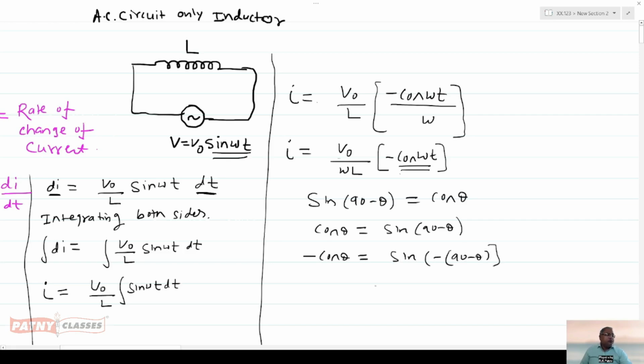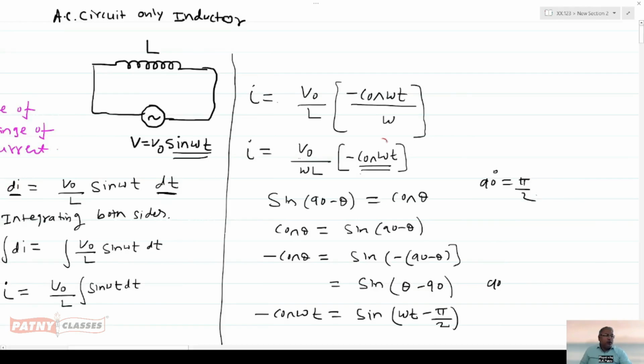So minus cos omega t can be written as sine of omega t minus pi by 2, because 90 degrees is equal to pi by 2. Therefore, in place of minus cos omega t, write sine omega t minus pi by 2.